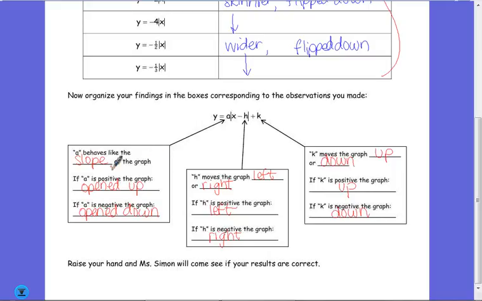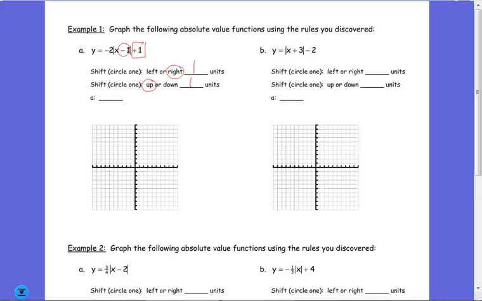It is the slope. When you think of slope, you should always think rise over run, which means you need a fraction. So let's look at our A value. Well, our A value is -2. But we need a fraction, so we're going to make it -2 over 1. So, to make these graphs, the first thing you graph is the vertex.